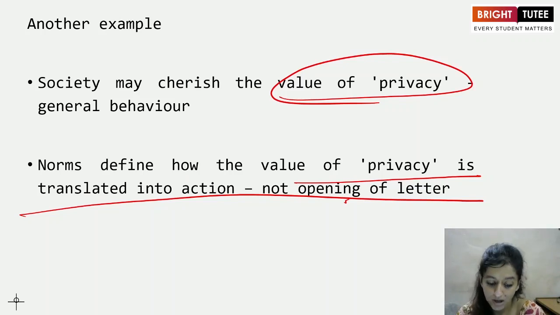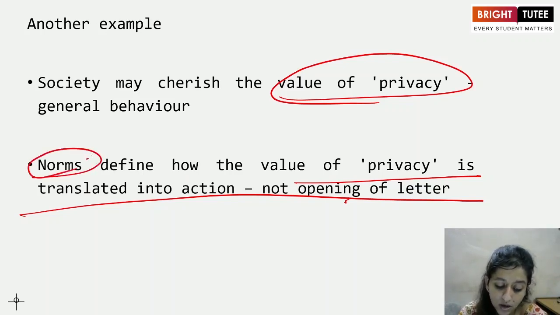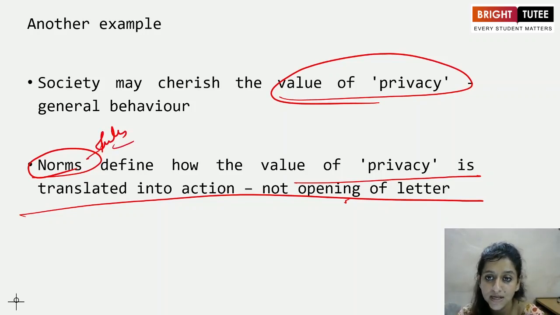Norms, or the rules here, are the ones that define what actions should be taken to validate the value of privacy. One example of this is not opening other people's personal letters.